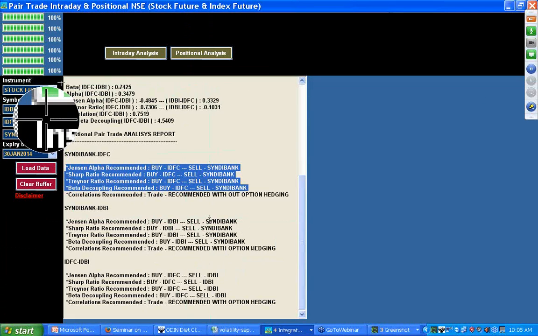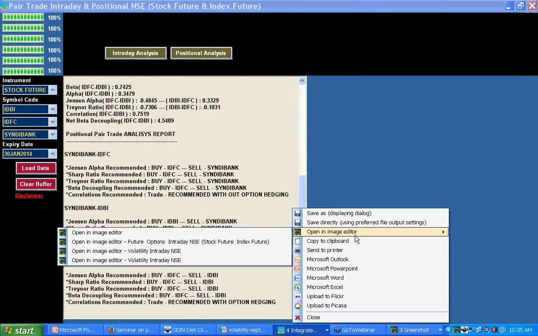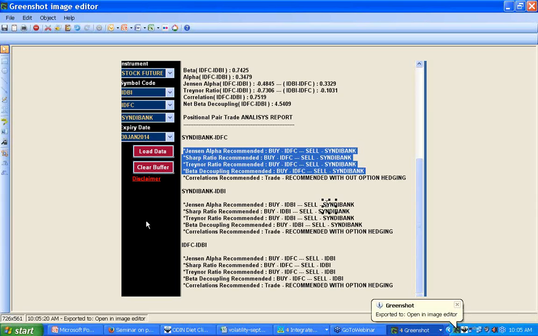So I'll just be saving this experiment for our future reference. The maximum holding period for all pair trades used to be 10 days, maximum 10 days.